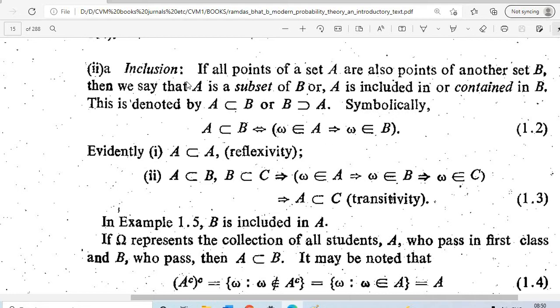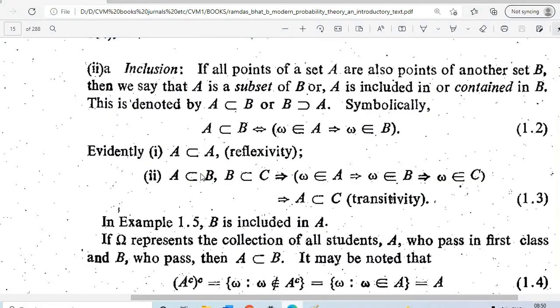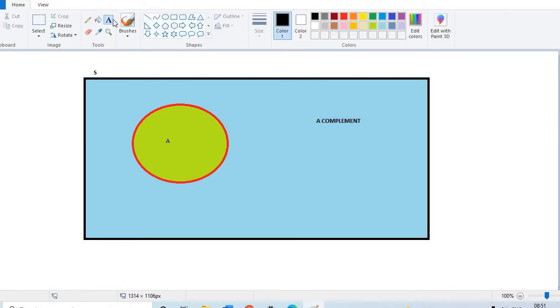Now inclusion, or subset or superset. What is a subset? A is a subset of another set. A is a subset of S, because all the elements belonging to A belong to S. So the condition is: A is a subset of B if omega belongs to A, that is, if the element is in A, then automatically omega belongs to B. Looking at this figure it is clear.